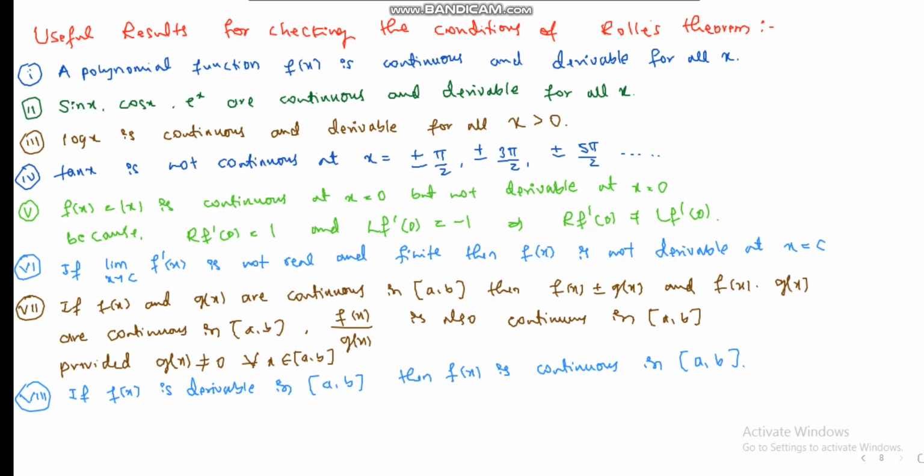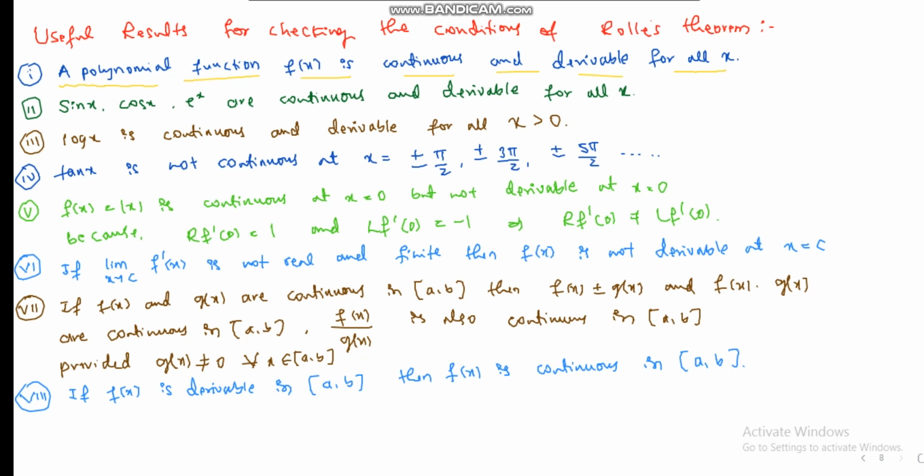Now we know about the useful results for checking the conditions of Rolle's theorem, or verifying Rolle's theorem. In that, the first one: a polynomial function f of x is continuous and derivable for all x.